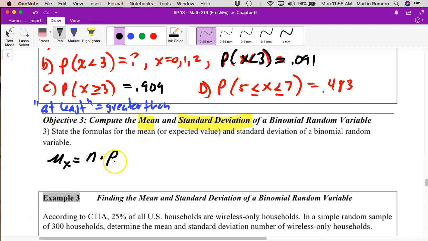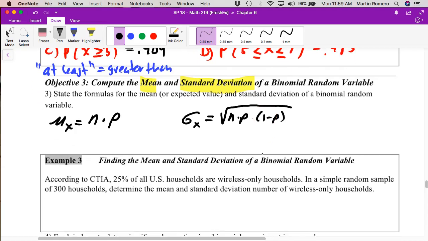That's how many we would expect on average to see. And then we also have a standard deviation formula, which is easily calculated. It's the square root of n times p times 1 minus p. And so we have those values right there, and from there we can answer some questions.